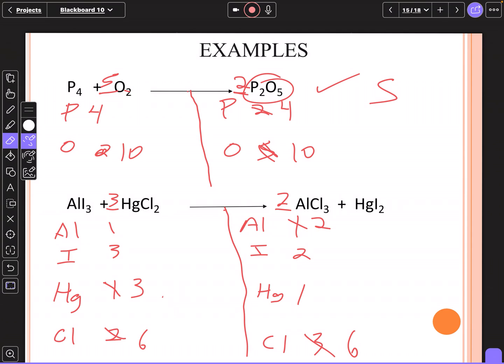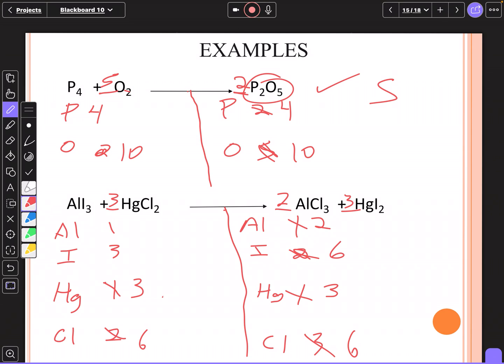Now I have to balance these. If I look, my iodines are not balanced, but that's 3 of 2. Balancing mercuries would be easier. So I got 3 on the left, I need 3 on the right. If I put a number in front of here, that's going to be 3. It's going to change my mercuries to 3. It's going to change my iodines, 3 times 2, 6.